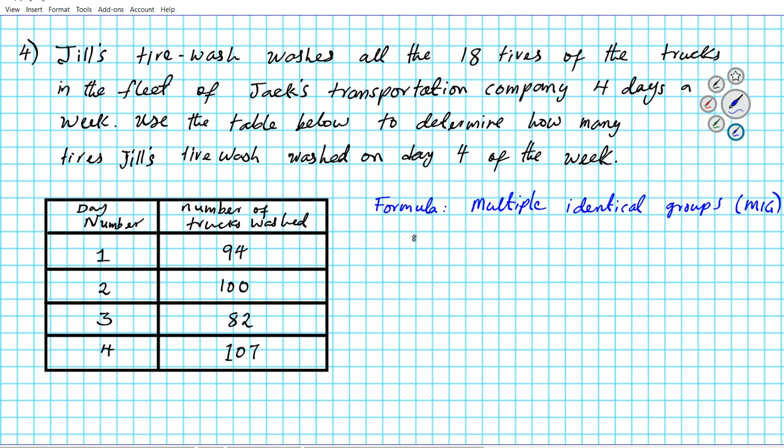So the formula is as follows: the total number in all groups is given by what? The total number in all groups is given by the number per group, or number in each group, multiplied by the number of groups.